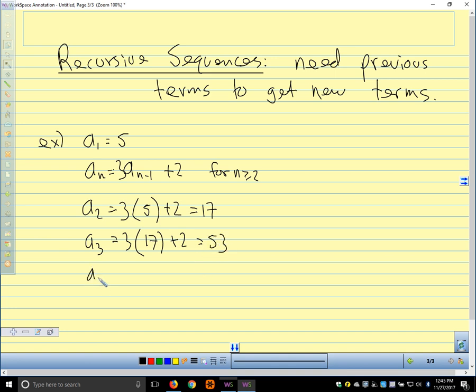And a sub 4 is 3 times 53 plus 2, which is 161. So our terms are 5, 17, 53, 161. Why is there a 3 in the a sub n? Oh, this is 3 times a sub n minus 1.